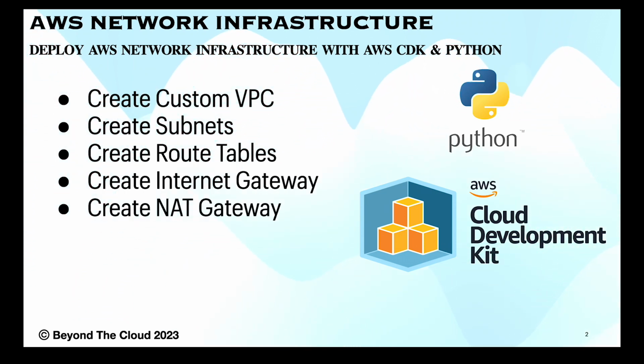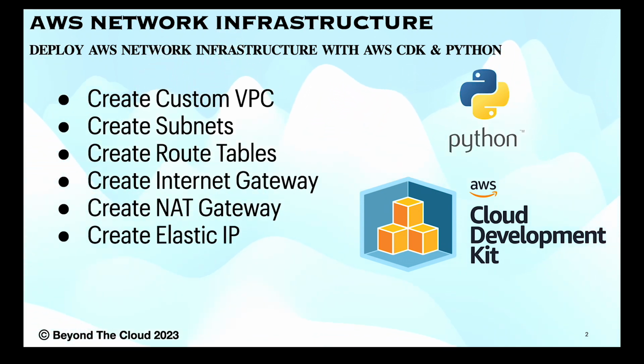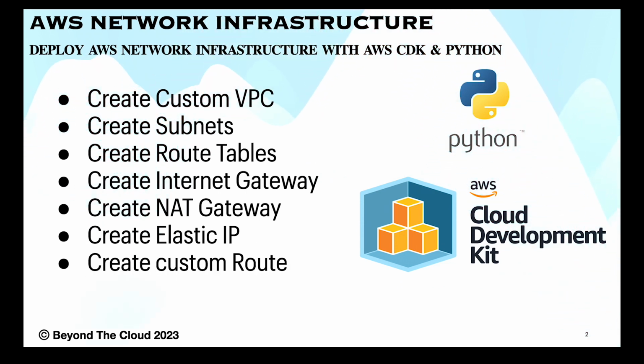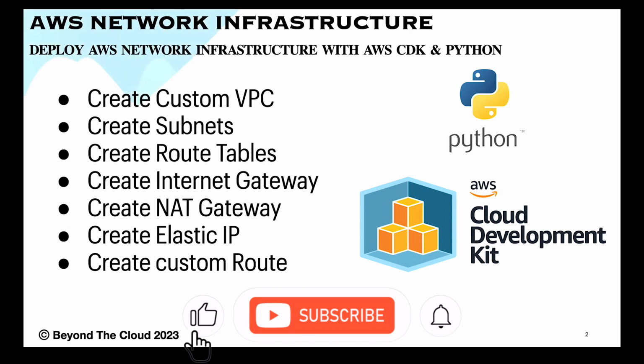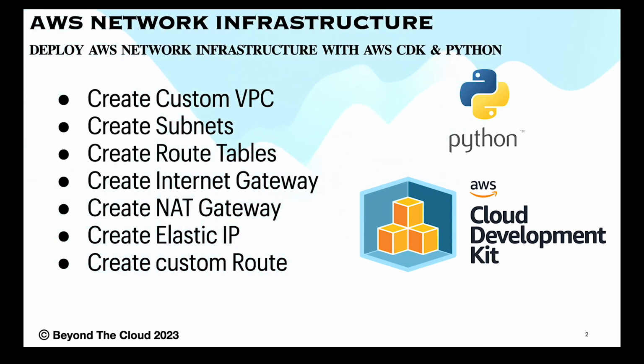We will create a NAT gateway in our public subnet to give internet access to the private resources, and then we will create an elastic IP address to attach to the NAT gateway. We will also create custom routes so that everyone can communicate with each other, whether it is a public subnet resource or a private subnet resource. Everything we will do from scratch with Cloud Development Kit, CDK and Python. So let's go and create the practical.